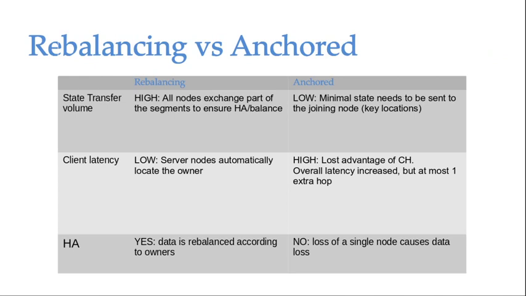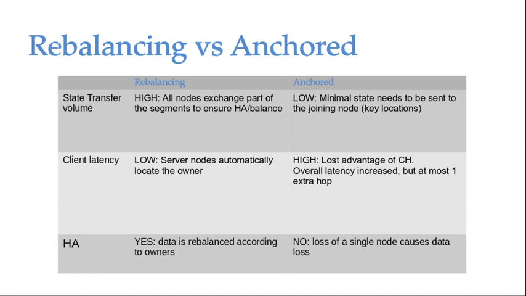So, advantages and disadvantages. Rebalancing has a high state transfer volume. All nodes need to exchange part of the segments. Obviously not the whole segments, but only the ones that need to move. As I said, however, that has a potentially high cost also in terms of CPU, which can have a high impact during that time on how the clients talk to the server.